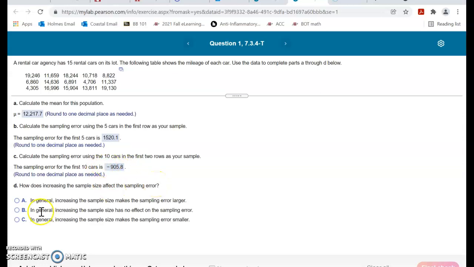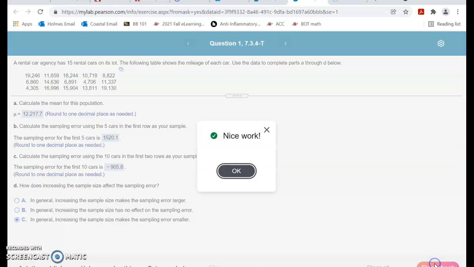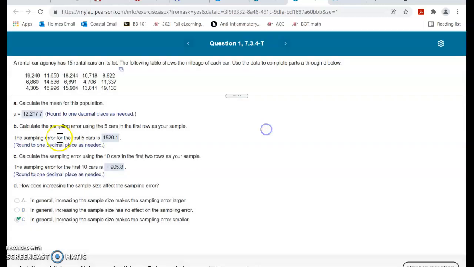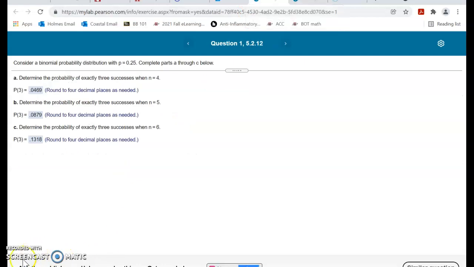So increasing the sample size is going to make your sampling error smaller, because the bigger the sample, the closer you are to getting to the population mean. Let me know if you have any questions about this. I'll be glad to work some more for you.